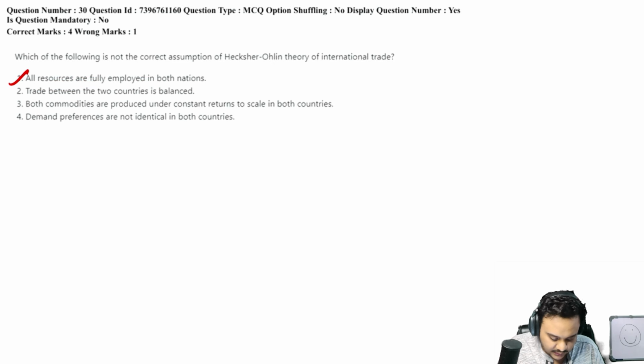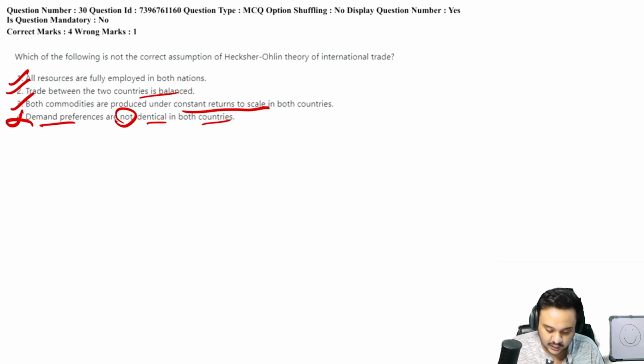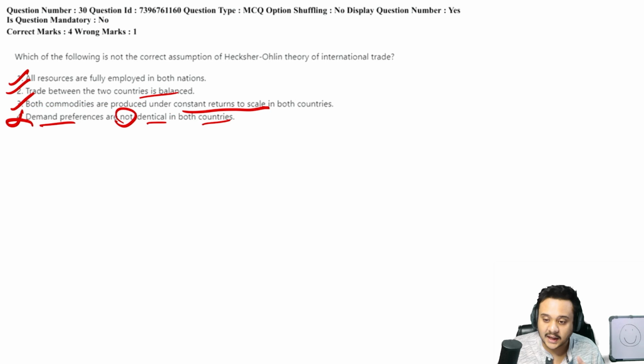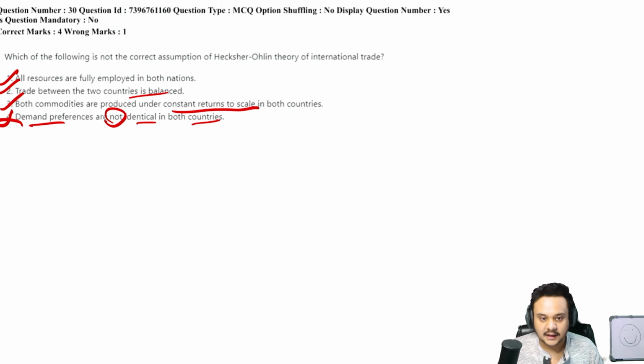Then trade between two countries is balanced, yes. Both countries produce under constant returns to scale, yes. Perfect competition also. Then demand preferences are not identical in both countries, wrong. Because if this was true, then this would become the basis of trade between the two countries. We assume the demand preferences to be the same so that we can only focus on factor endowments. That is the point of the model.